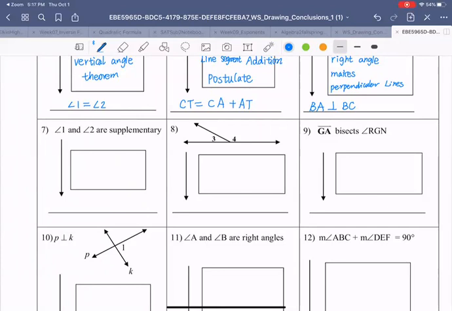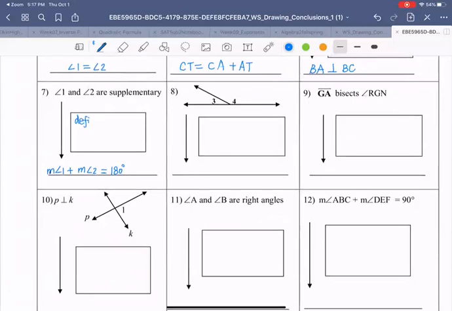That's the definition of supplementary angle. This is using the definition of supplementary angle, okay?